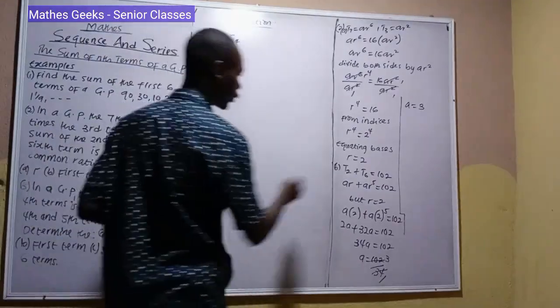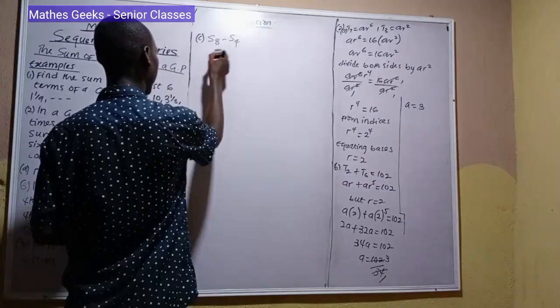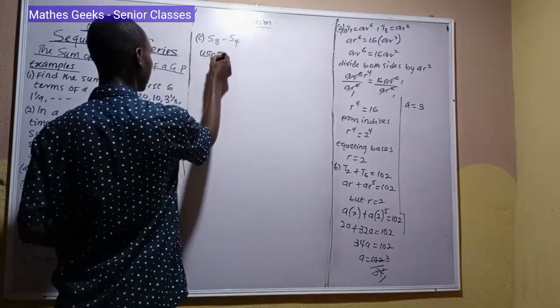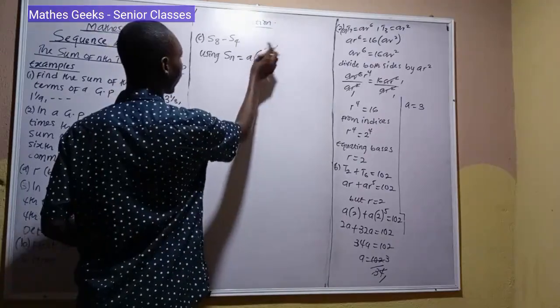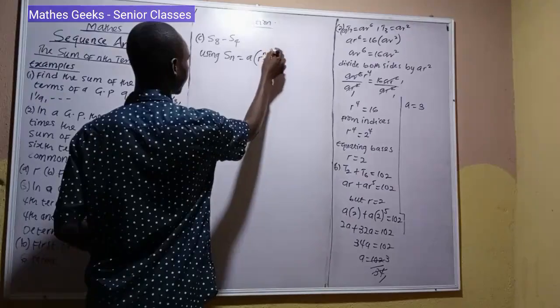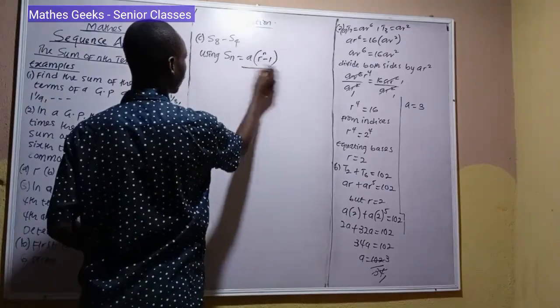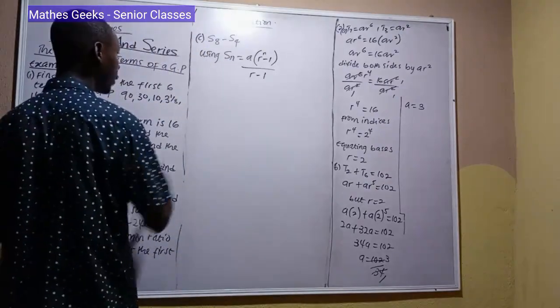Our common ratio is greater than 1, so we're going to use the formula Sn equals a times r raised to power n minus 1 over r minus 1, if the common ratio is greater than 1.